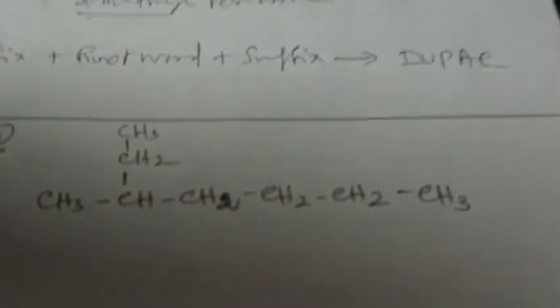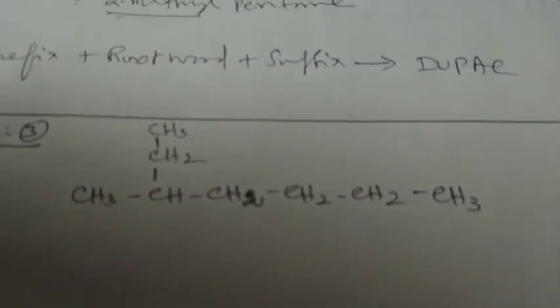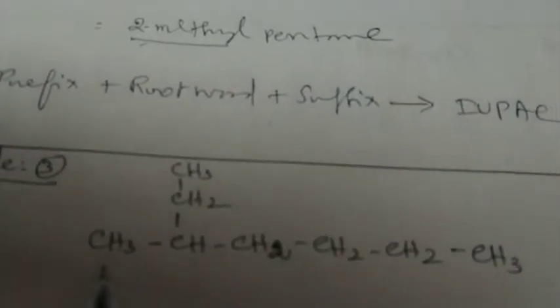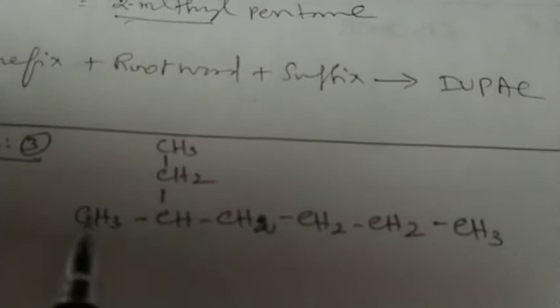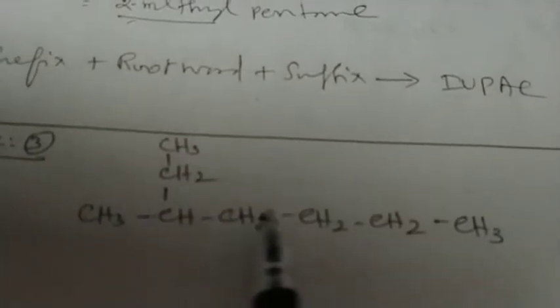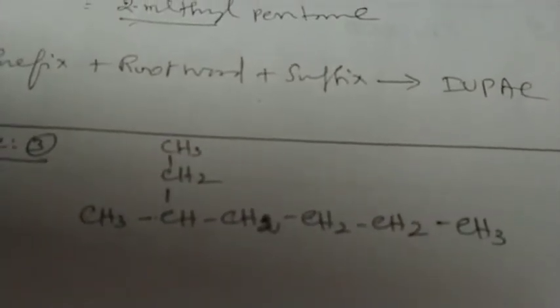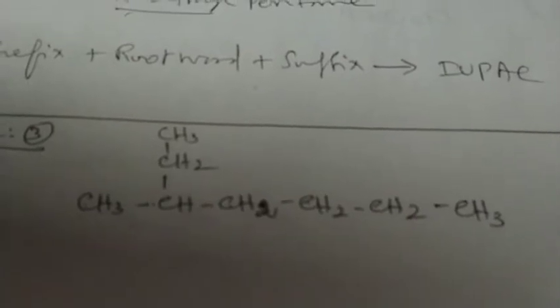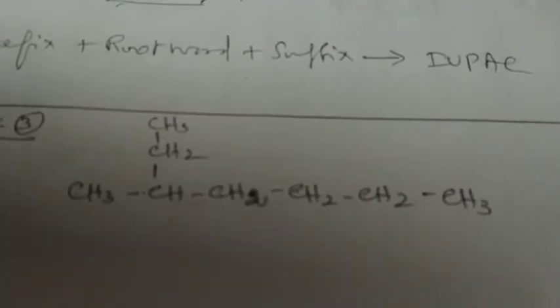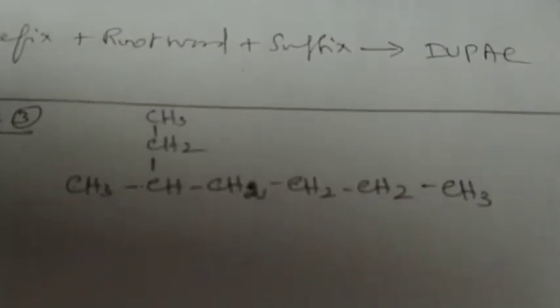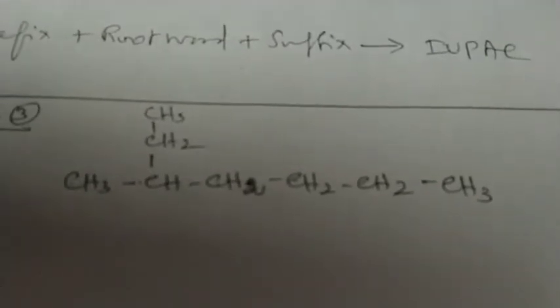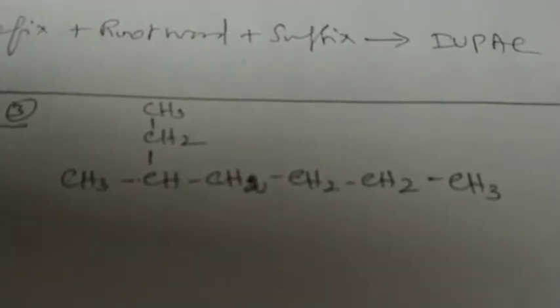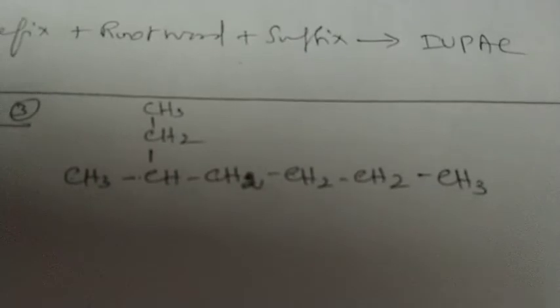Then one more example is given here. You can go through this example by numbering the carbon atoms. There are carbon atoms 1, 2, 3, 4, 5, 6 in a linear pattern. According to the IUPAC rule, we have to find the longest chain of carbon atoms.